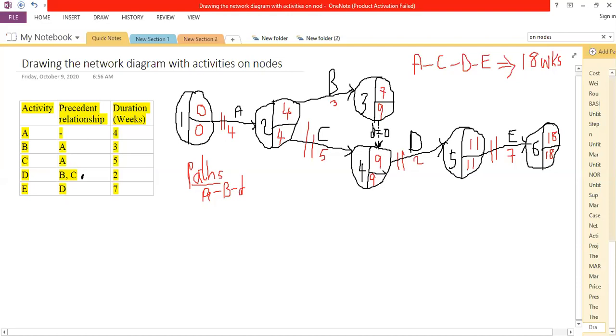You might miss the one that is critical actually. Path A, B through the dummy, D, E. How long is this going to take us? We count the amount of time of each and every activity in the path. A has 4, B 3 that is 7, 9, and you'll have 16.